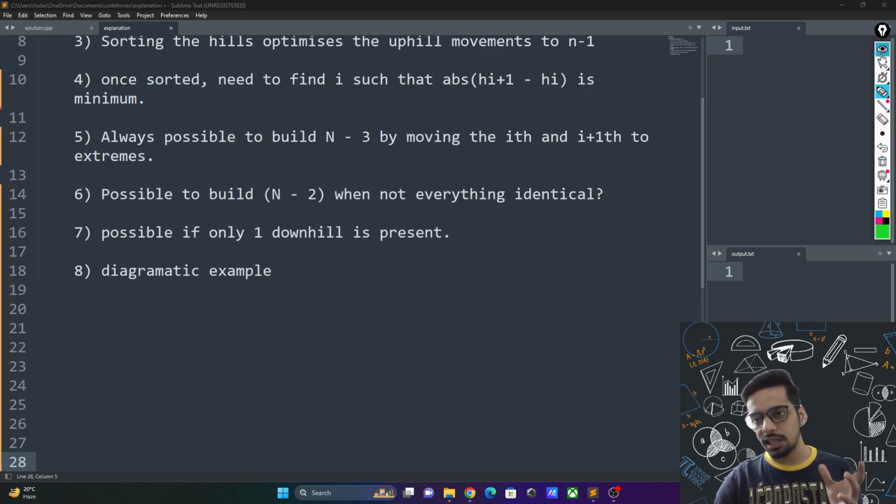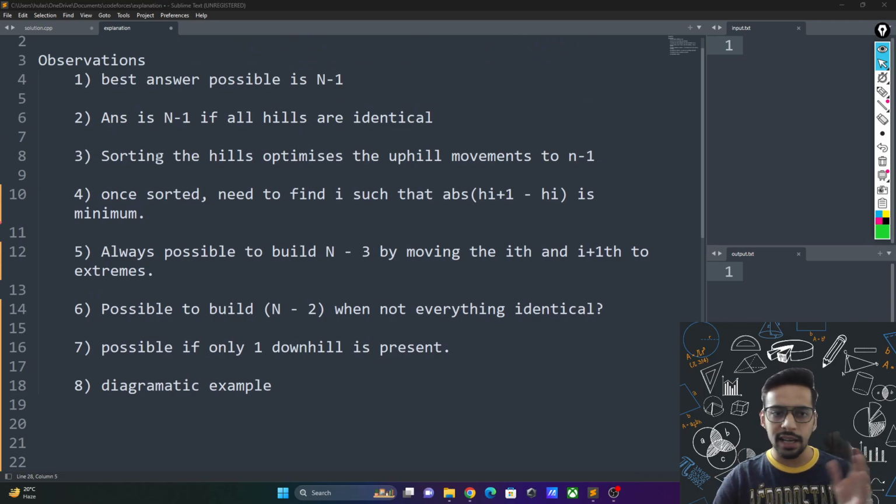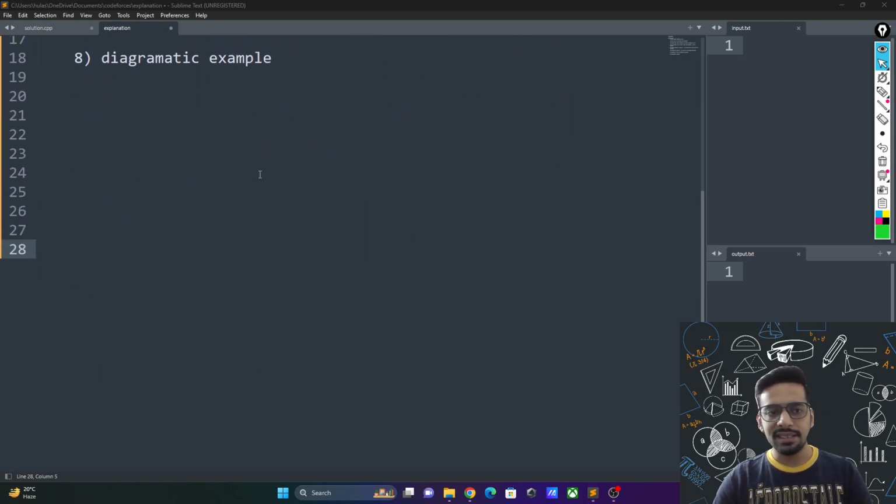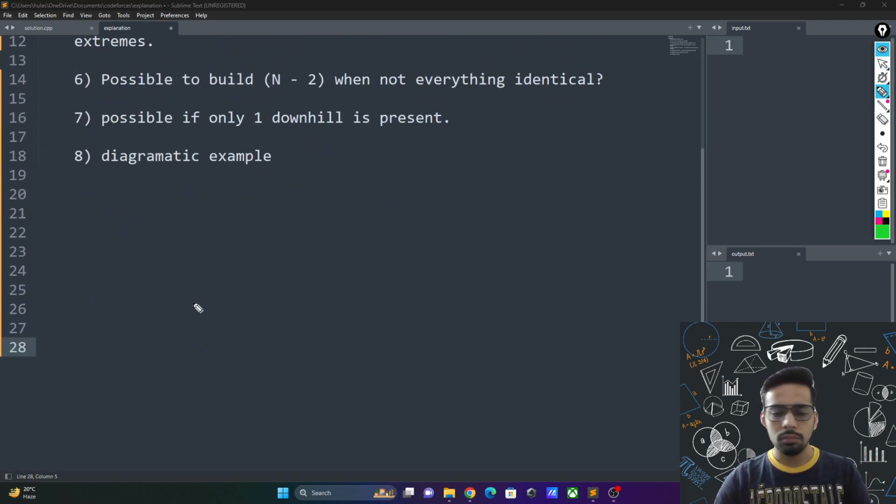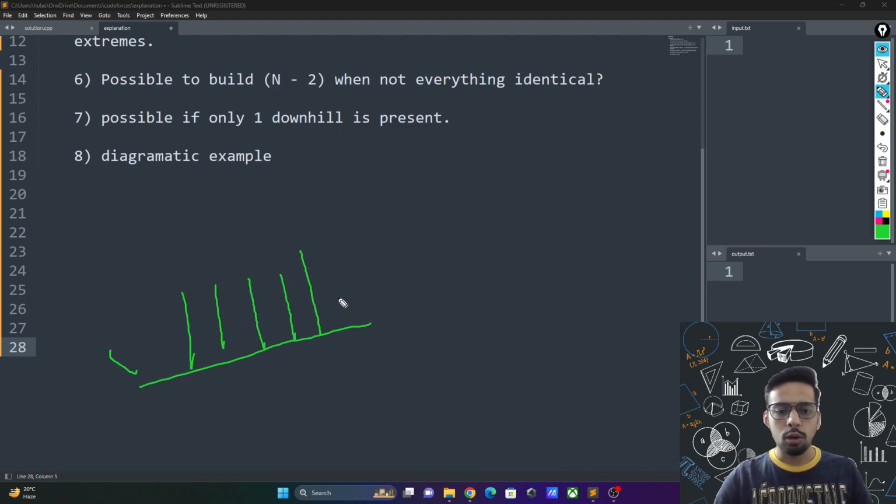You cannot get an answer n minus 1 unless all the hills are identical. That is also for sure, because let's say you have all n minus 1 hills as identical and only one hill which is not identical. So let's say this is your input array. Now, no matter what you do, you have to place one of these two at the end.